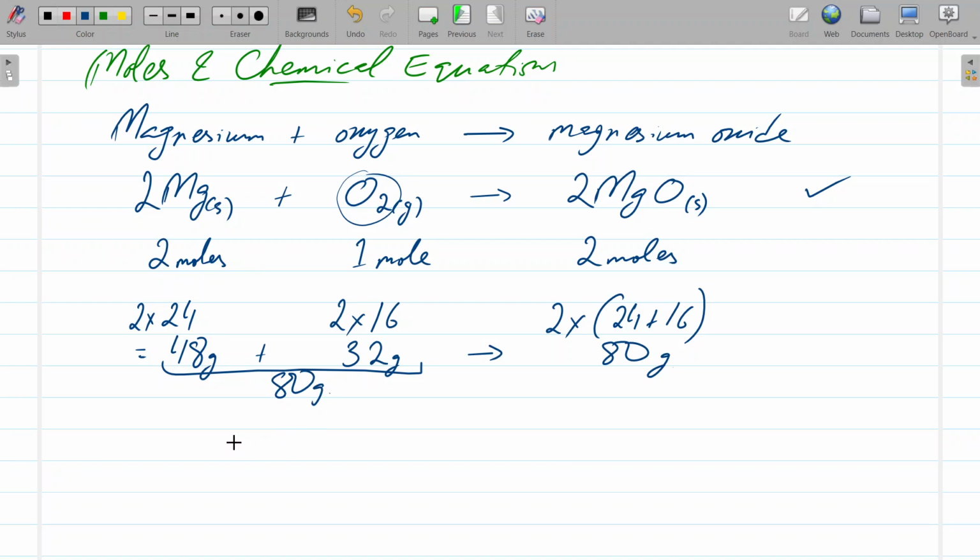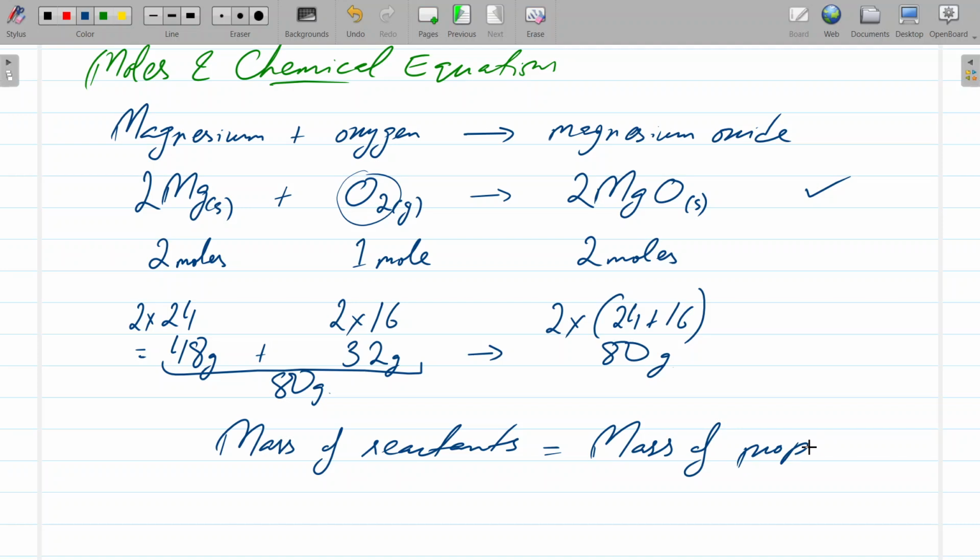And so what we notice is that the mass of reactants is equal to the mass of products. Right?